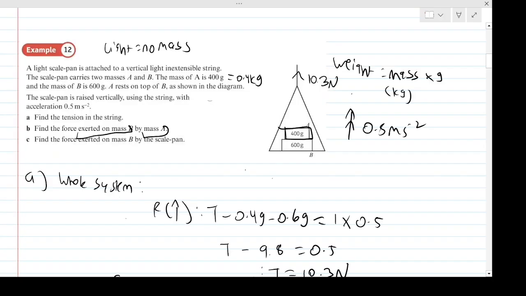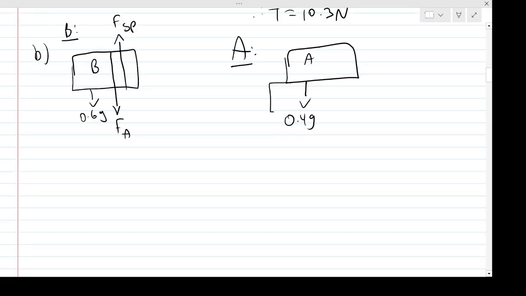Now, as we discussed, A is in contact with B. Because A is on B, B kind of creates the floor for A. So it's sort of like A is on the floor, but the floor is now B. It's on the surface of B. So the force that B creates onto A is sort of a reaction force, right? I'll call that force F of B. That's the force that B creates onto A.